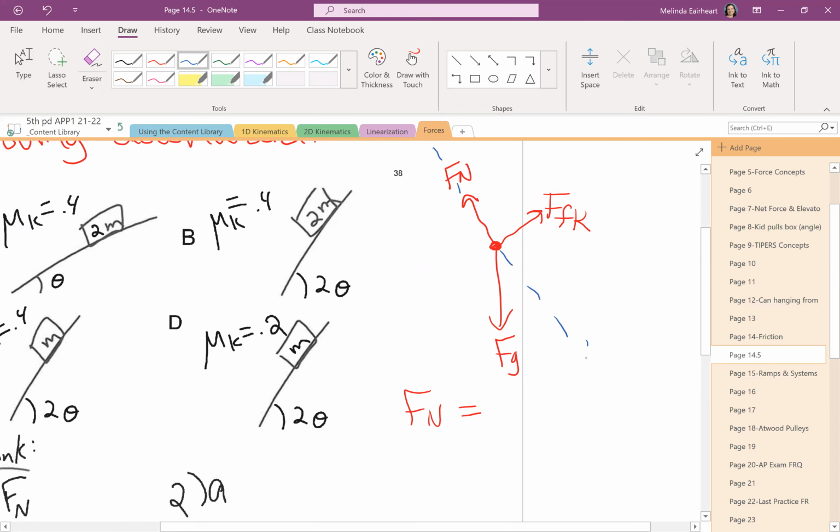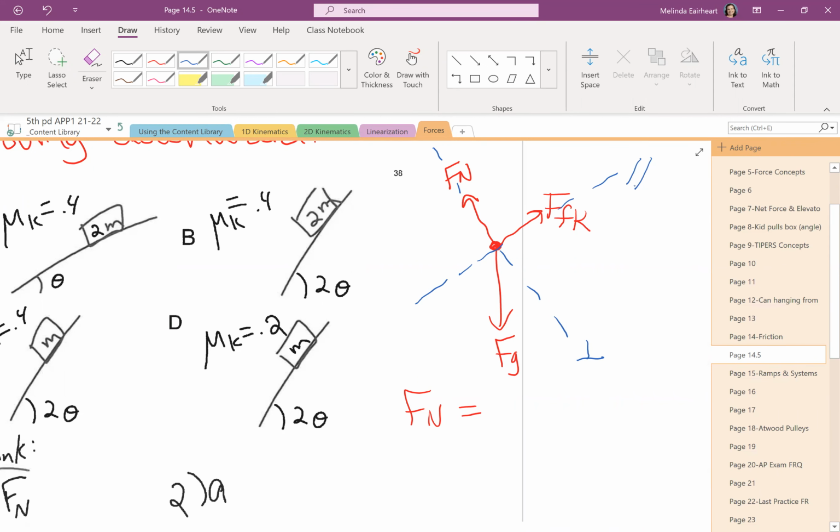And so we have a new perpendicular axis and a new parallel axis. If you want to call them new X, new Y, you can. But with this, normal force and frictional force, well, they line up on the new axis, but gravity does not. And so what's unique about ramps, you draw the components for the gravitational force.